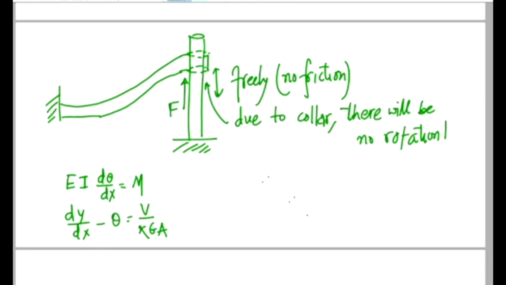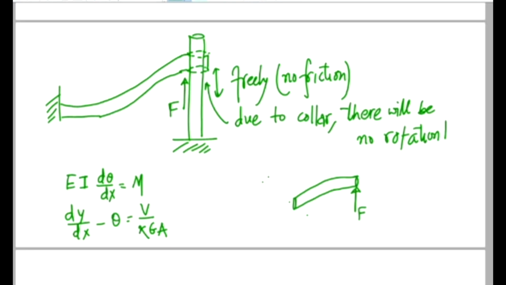So we'll have to draw the free body diagram of a segment of the beam, isn't it? So what will be the reaction from the pole on the beam? You see this, first of all, you are applying a force F on the beam. So there is a force F acting here.